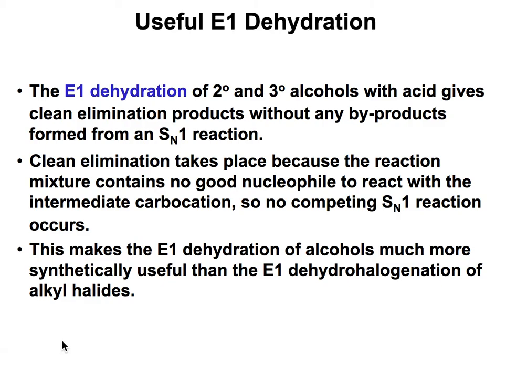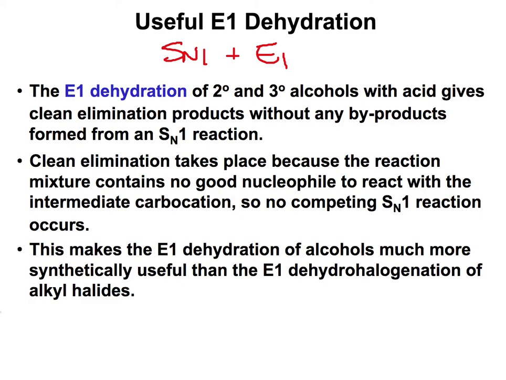So the E1 dehydration will give a mixture. What usually happens is that we get a mixture of SN1 and E1, and the reason is that we go through carbocations, which gives us a mixture of the two products.